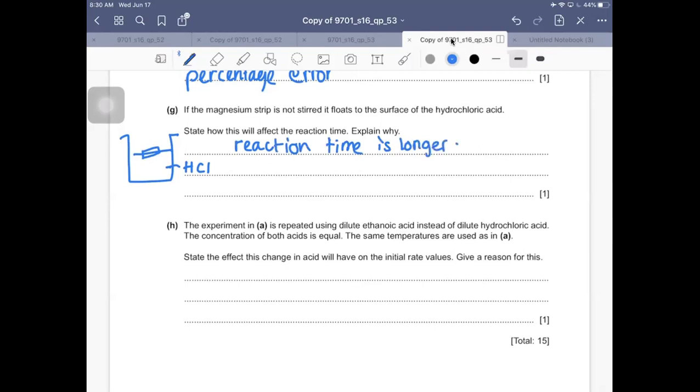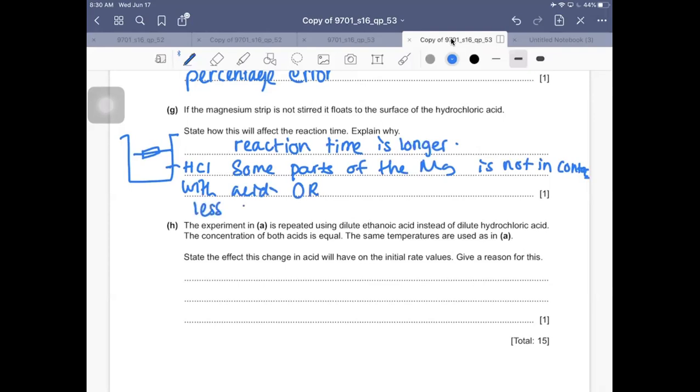Okay, the reason is you can talk about some parts of the magnesium is not in contact with the acid, or you can talk about the surface area. Less surface area for reaction.